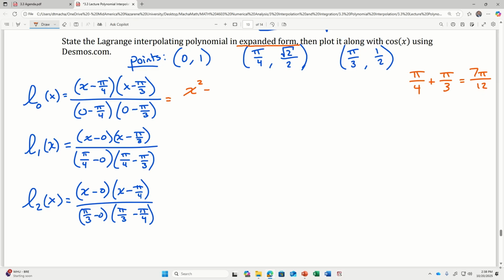So minus 7 pi over 12 x. And then plus pi squared over 12. Right? Divided by what? Divided by pi over 4 times pi over 3. Divided by pi squared over 12.